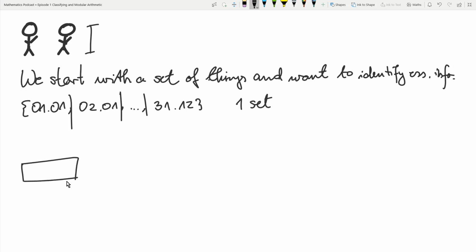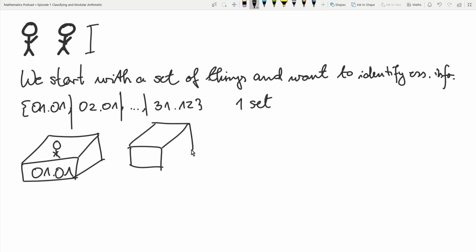So basically you have this box. This is the box for all the people that have their birthday on the 1st of January, right? Next to it, you have the box for all the people that have their birthday on the 2nd of January, and so on and so forth.